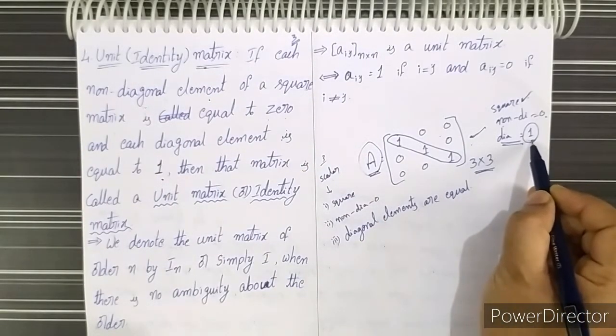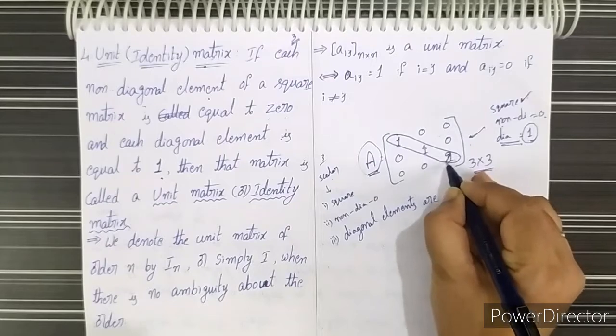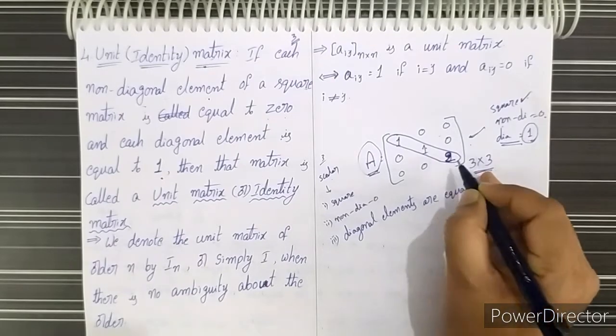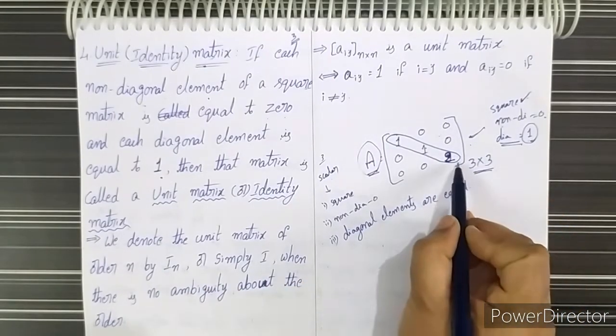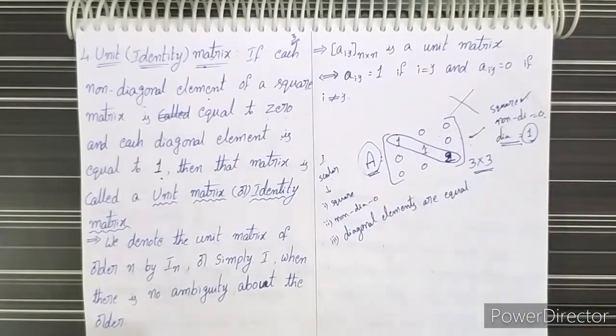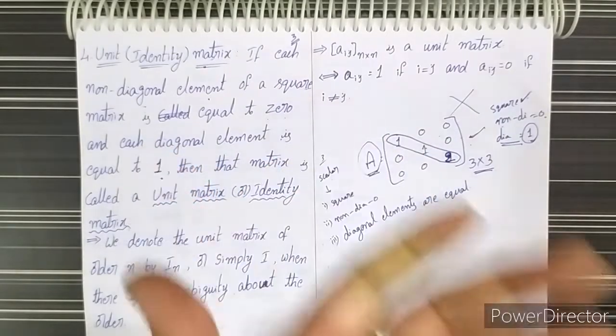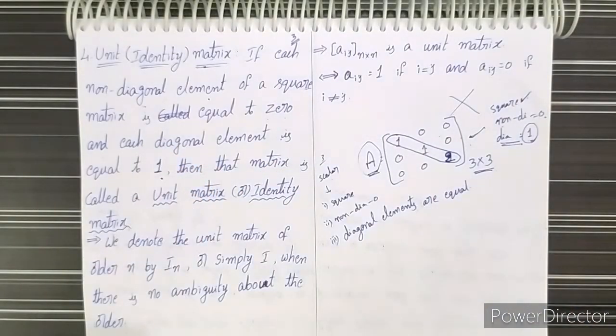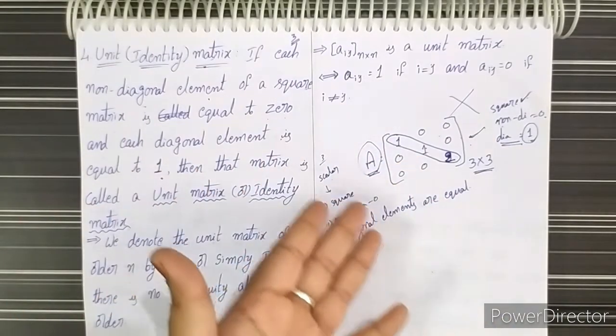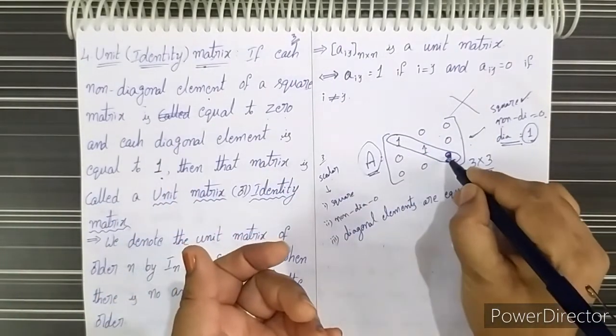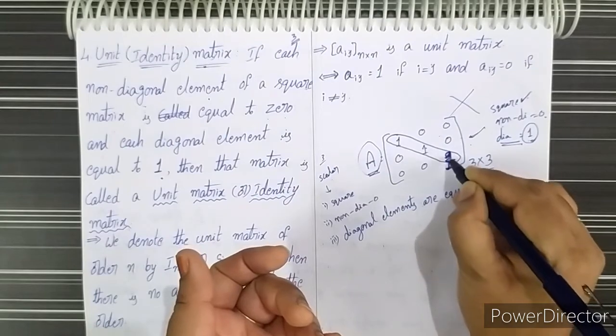If this is B, and this is 2, if I assume so, then this is not a unit matrix. If one of the diagonal elements is not equal to 1, then we say that it is not a unit matrix. This is a 1.